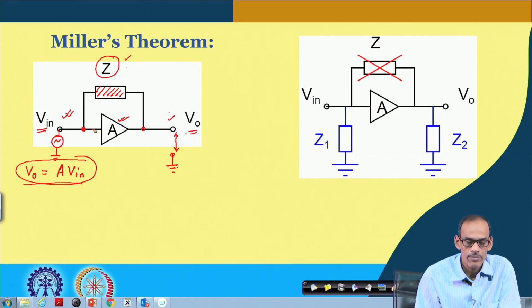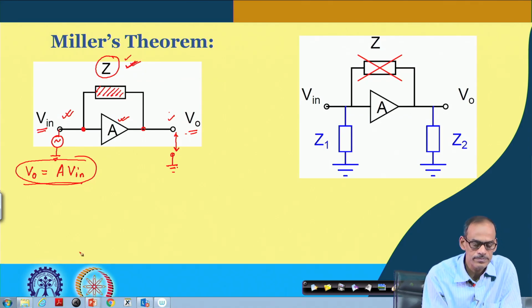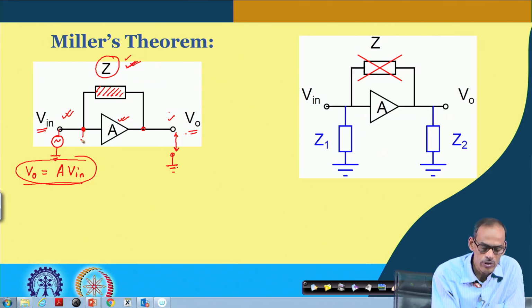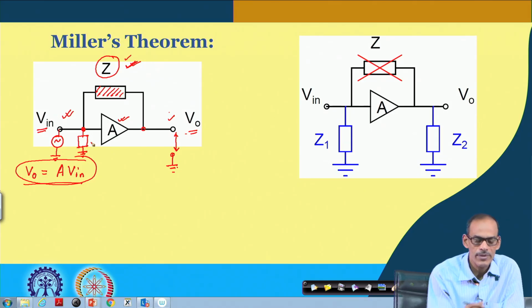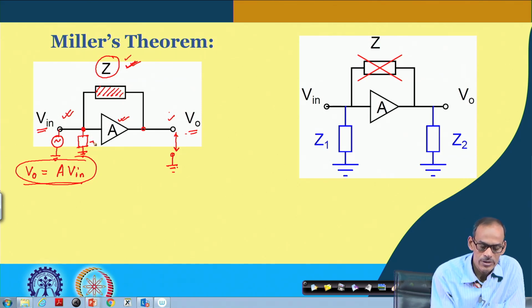So, a better and more efficient approach is to split this Z element into two equivalent elements. One is for the input port, connected with respect to the common node ground, and let us call this Z1.